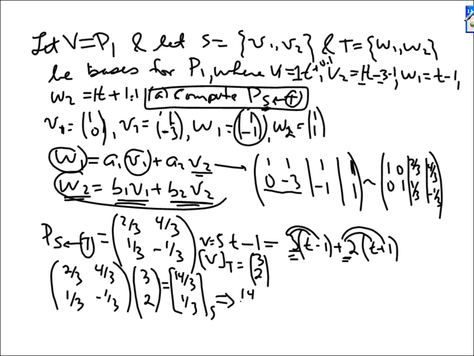I take 14/3 times the first vector in S, which is t, and then I add on 1/3 times the second vector in S, which is t minus 3.